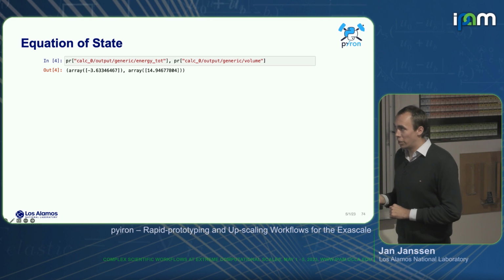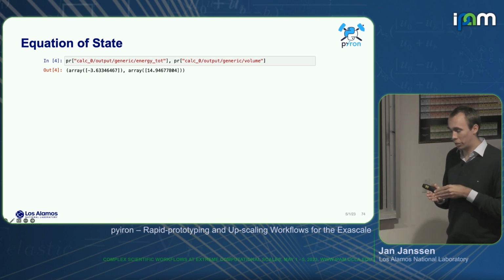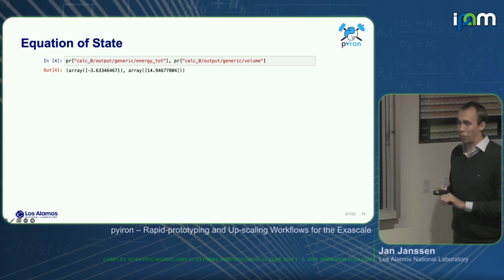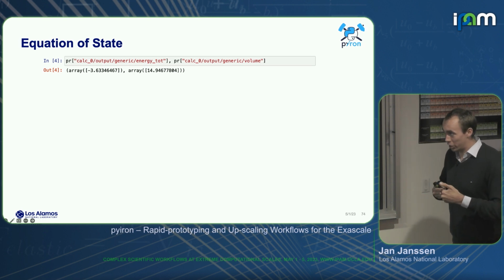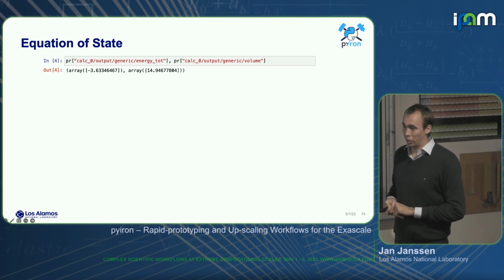The important part here is I don't have to load the job before, but the HDF5 file is really like an extension of our file system, and we can just use the same slash-like notation as we know it from folders on the file system. Right?